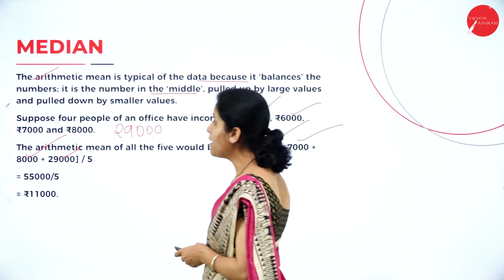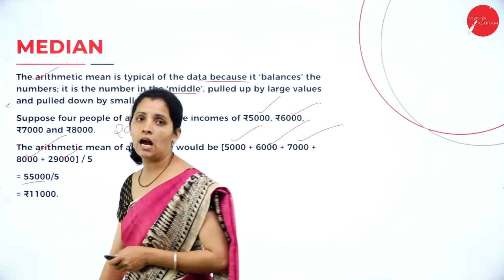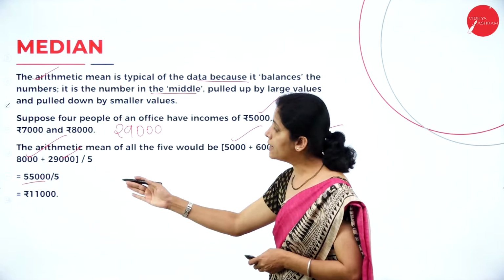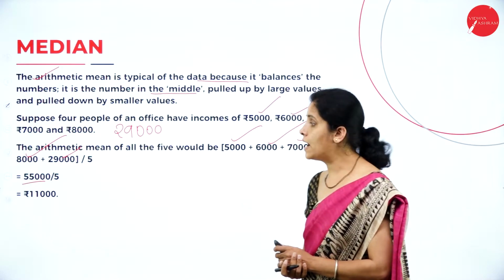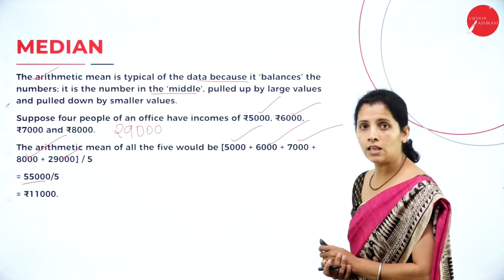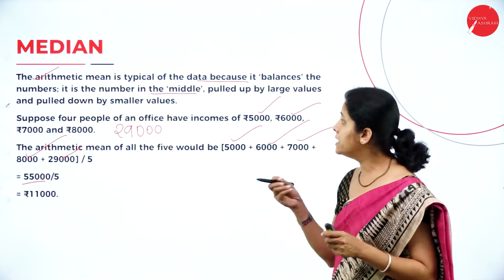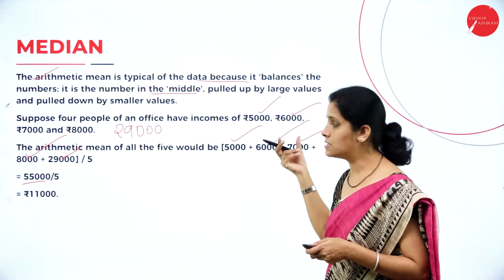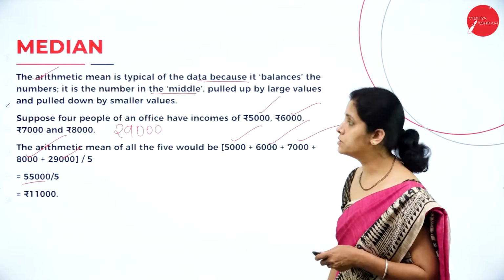When I add all the numbers, I get the answer 55,000. When I divide 55,000 by 5, I get 11,000. And the median of this observation is nothing but 11,000.